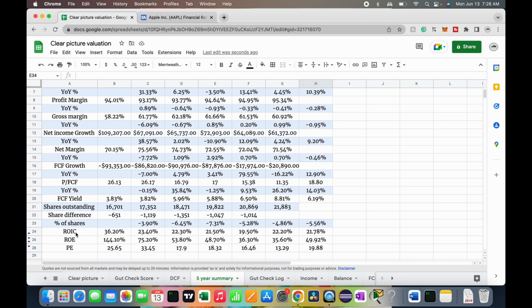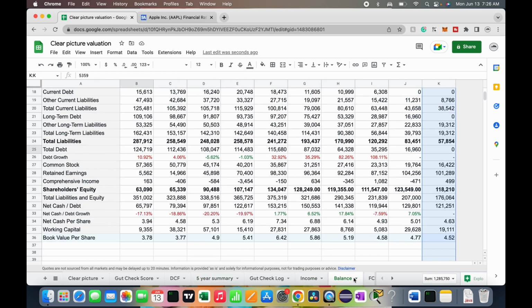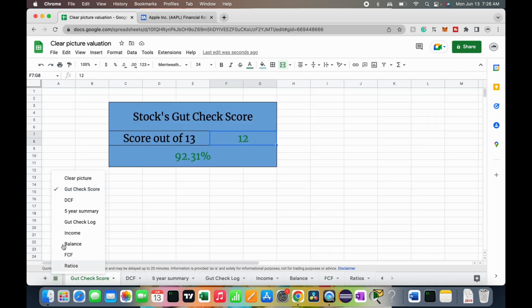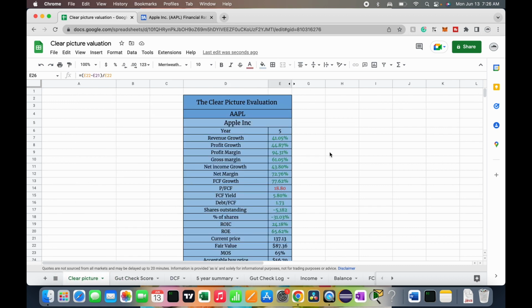Sometimes the return on invested capital, ROE, PE, and price to free cash flow will show an error, but it's nothing too serious. I just make sure they reconnect to the source, which is these statements. But that's pretty much it for what I consider my new clear picture valuation.